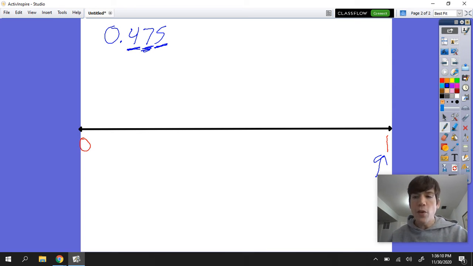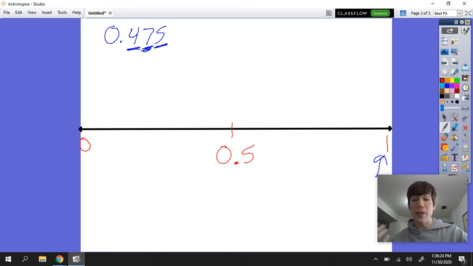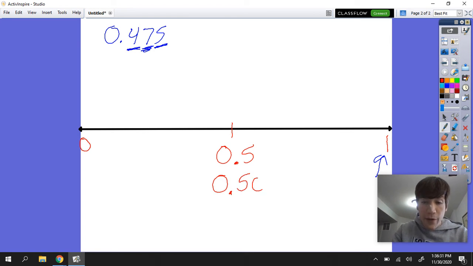All right, so if it takes, for instance, 10 tenths to make a whole, and I asked how many tenths does it take to make half, that would just be half of 10, which would be 5 tenths. So 5 tenths would be the same thing as 1/2. In the same way, if 100 hundredths makes a whole, then 50 hundredths makes half.